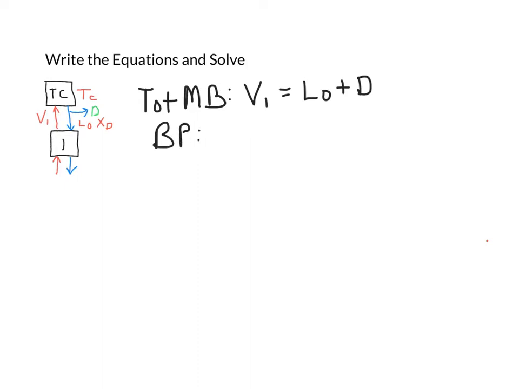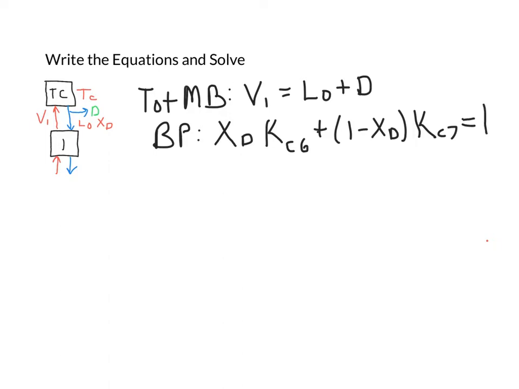That will be the mole fraction of hexane times the K value, and we'll call this Kc6 for condenser and hexane, plus the mole fraction of heptane, which is 1 minus XD, times its K value in the condenser, we'll call it Kc7. This is equal to 1.